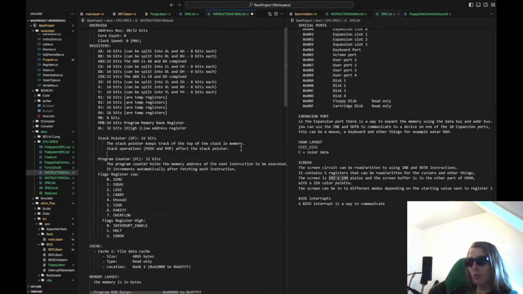So the base pointer. The base pointer BP register will be 16 bits.